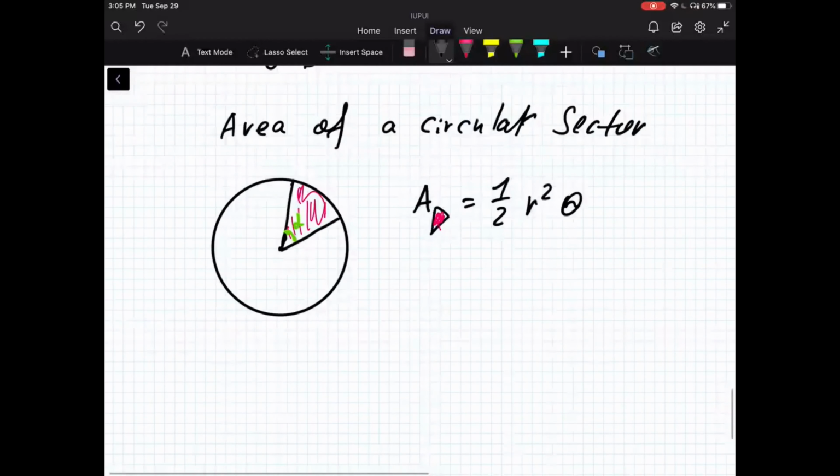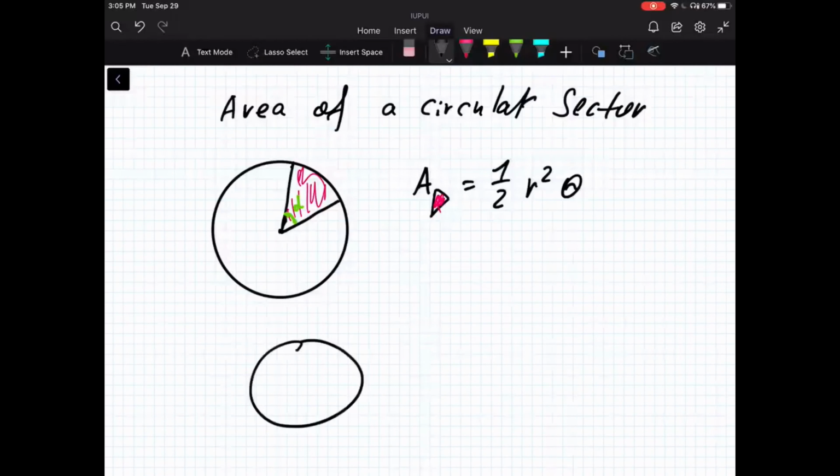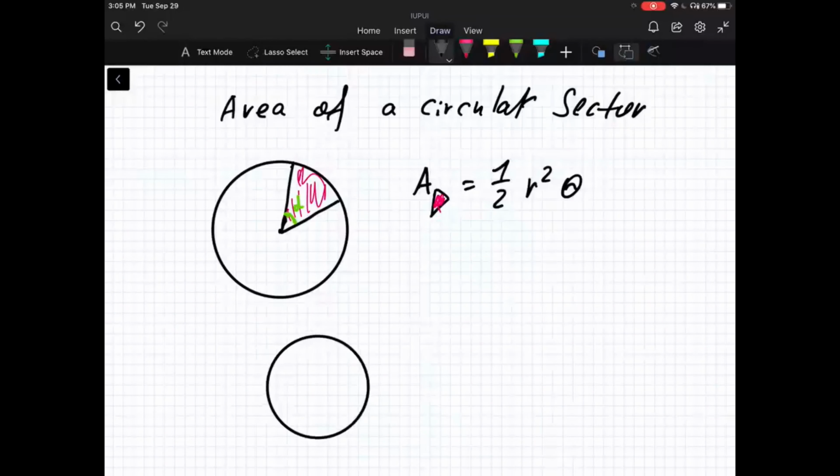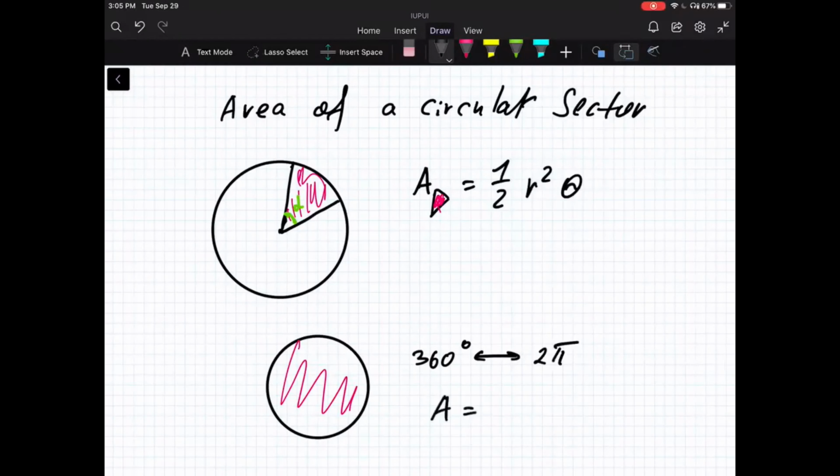And again, it coincides with the formula for the area of the whole circle, because the whole circle corresponds to 360 degrees. That corresponds to 2 pi. So the area thus will be 1/2 r squared times 2 pi, or pi r squared. That's how you can check it.